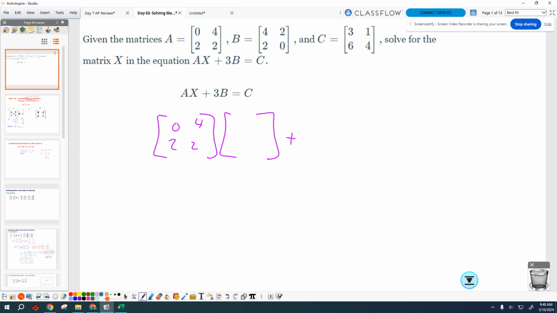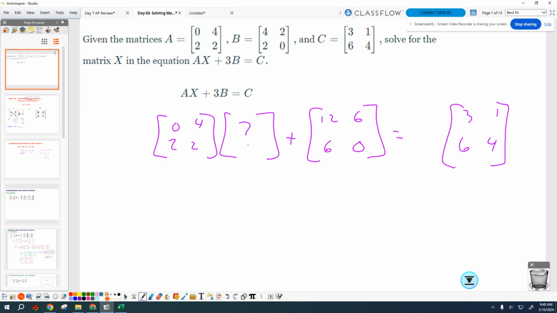What is 3B? 12, 6, 6, 0. And that equals 3164. Okay, what do I do first? Subtract 12, 6.